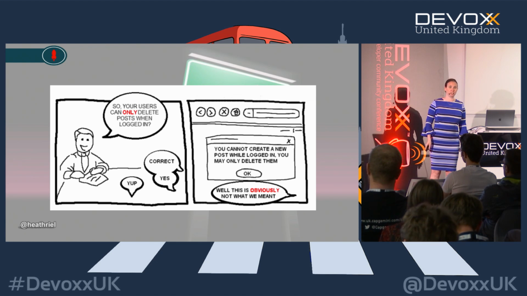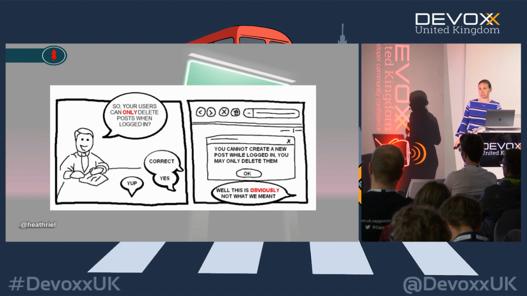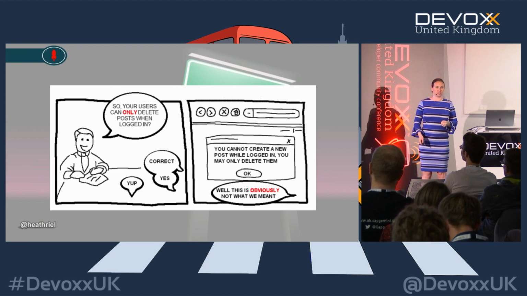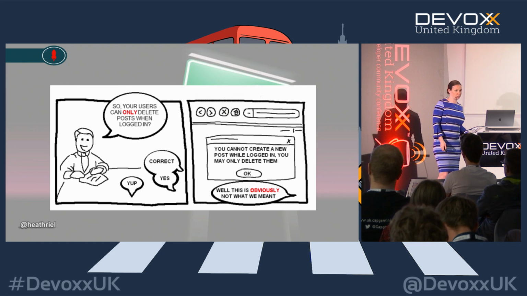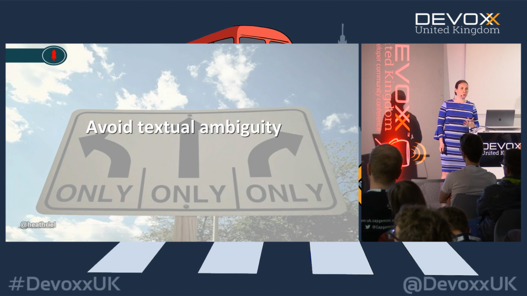This is exactly what you want, and then, wait, it wasn't what we wanted. It wasn't what we wanted at all. You got it totally wrong. But you were right and wrong at the same time. So this is what happens when you're ambiguous with your requirements. So you need to avoid the different kinds of ambiguity.